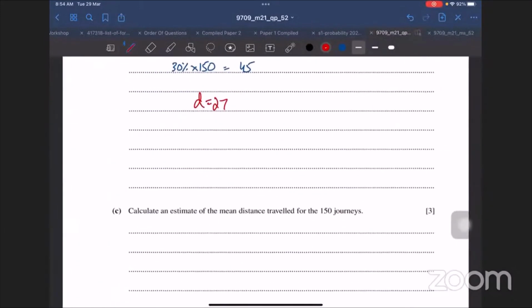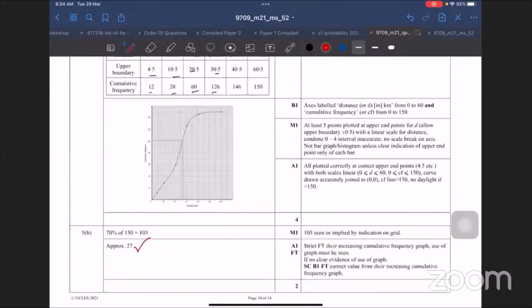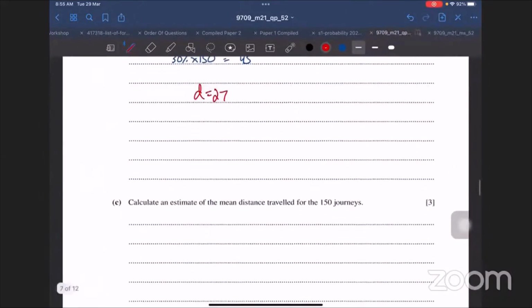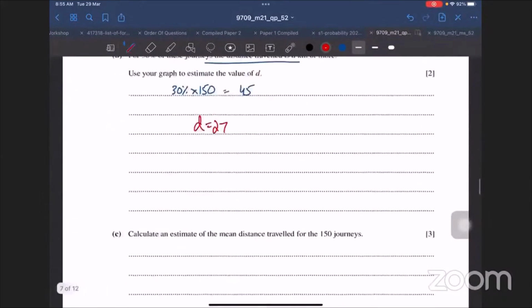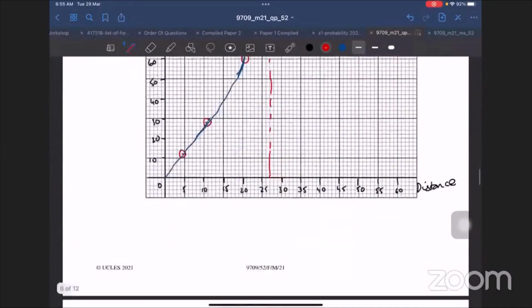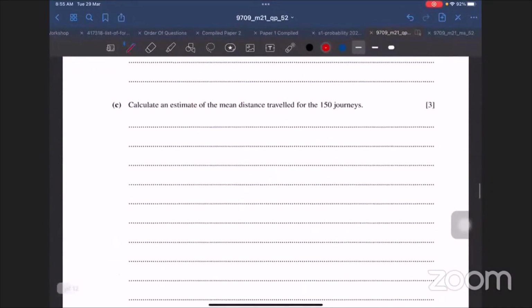Then it says calculate an estimate of the mean distance traveled for the 150 journeys. Okay, I want to calculate the mean of the 150 journeys. So what I'm going to do is write my table again, because I need some space. Now I'm going to write my adjusted table.